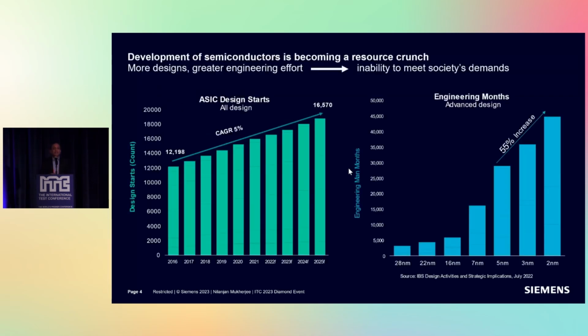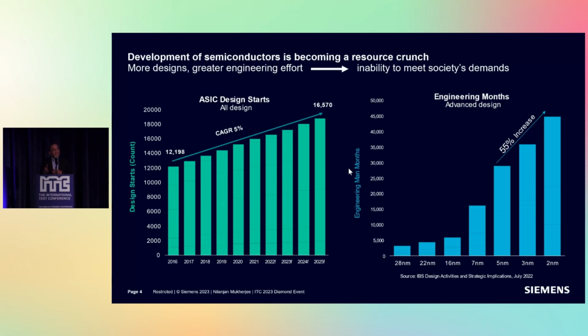If you look at the left graph, to meet society's demand for semiconductor ICs, the number of ASIC design starts has been growing steadily over the last 7 years, and it is expected to grow at a CAGR of 5% in the near future.